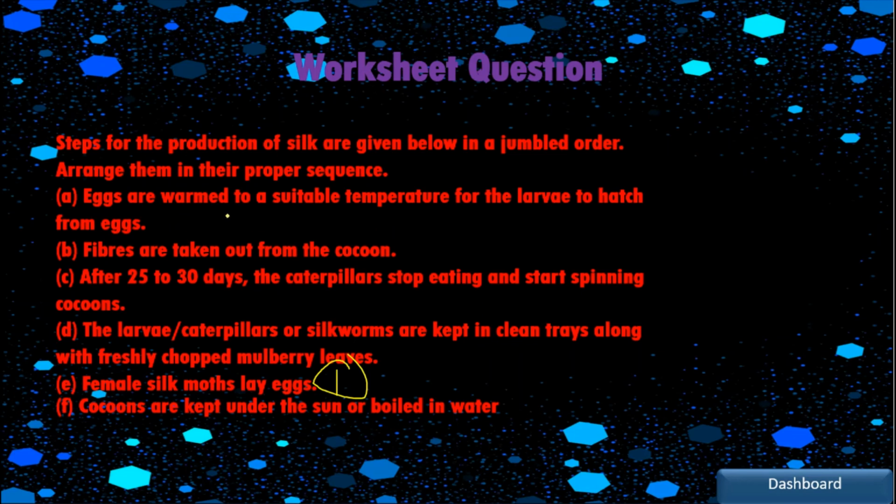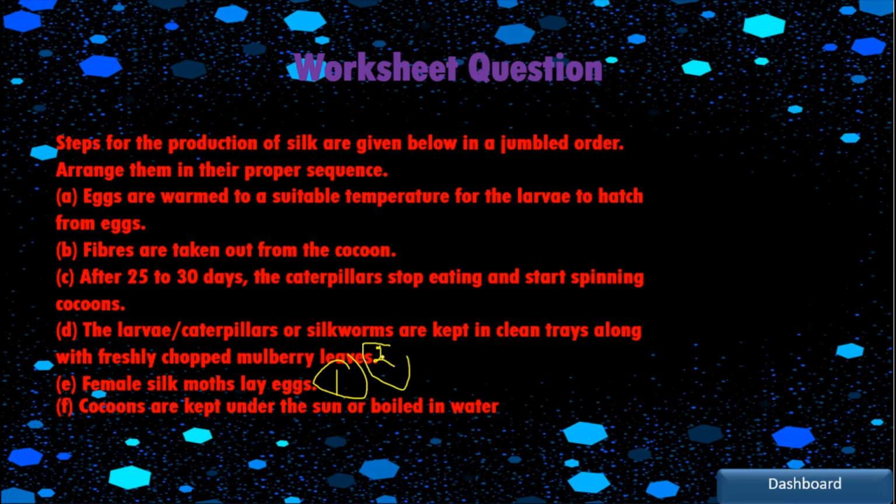eggs are warmed to suitable temperature. So what is next? Cocoons are kept under the sun and boiled in water. Then the larvae, caterpillars or silkworms are kept in clean trays along with fresh chopped mulberry leaves. So this is the next, right?